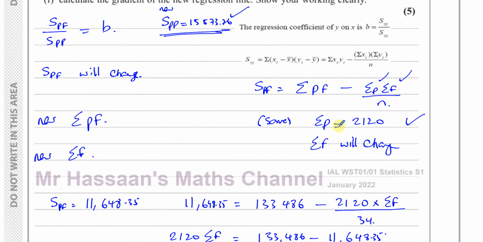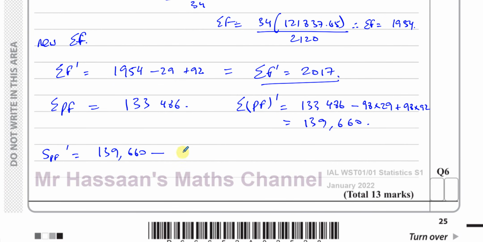It's 2,120. So 2,120 times the sum of F, which now is the new sum, which is 2,017, over 34, which is the number of entries.